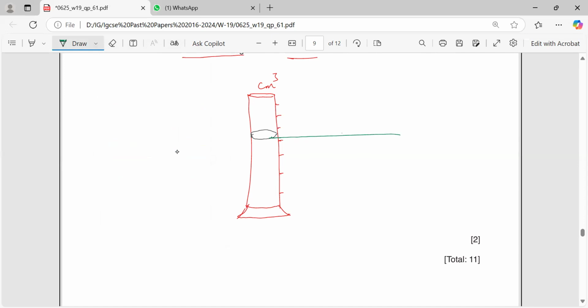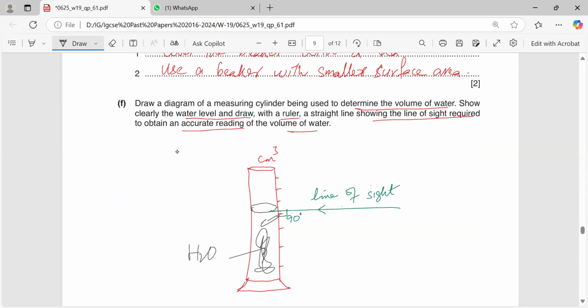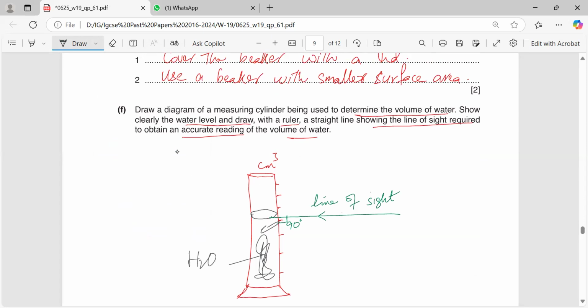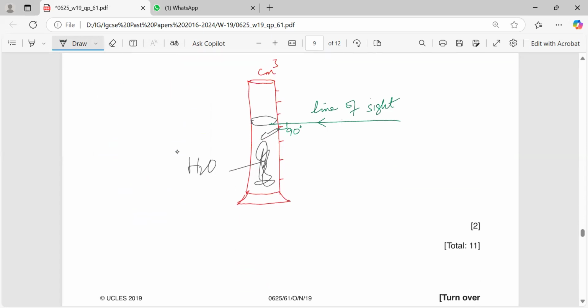A line of sight is always from the lower level of the meniscus, and it should be perpendicular to the cylinder. So this way you can show the liquid or water level. Okay, so that is the water inside here, so you can show something this way.